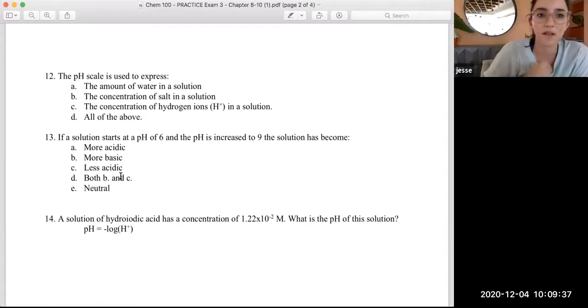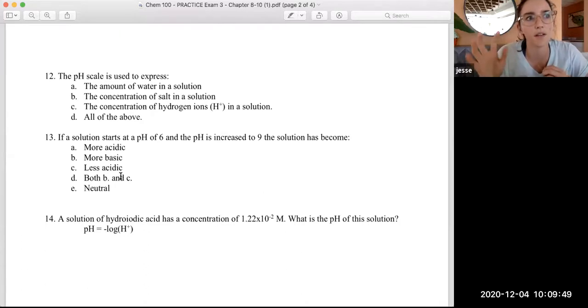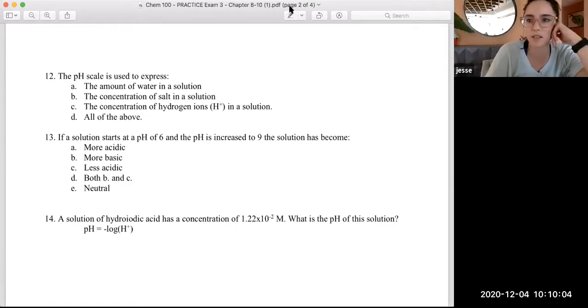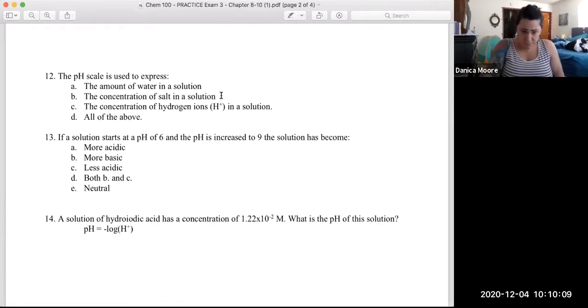I have a question about number 12. I remember in that chemistry crash course video it said that H3O is the same as, or you can call it, H plus. How is that the same thing? The H plus and the hydronium ion, which is H3O plus. Because in water, H plus doesn't ever exist by itself.